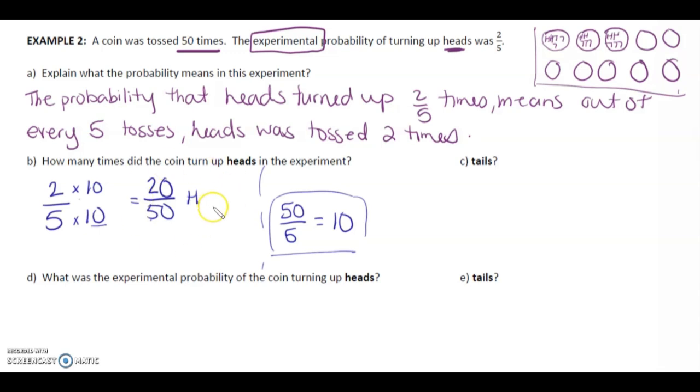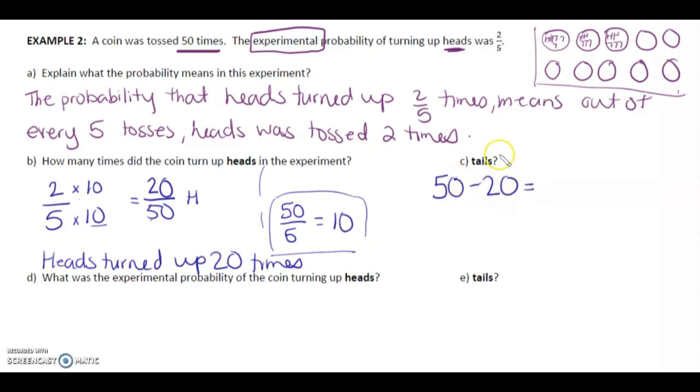So in other words, how many times? We can say heads turned up 20 times. So if we rolled it 50 times and 20 of them were heads, how many were tails?